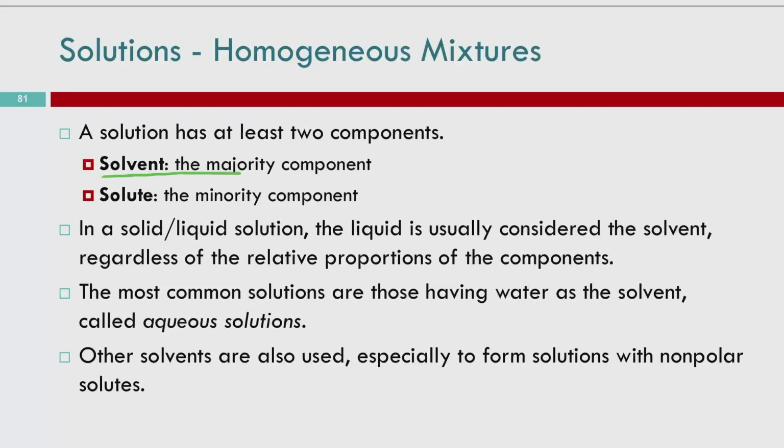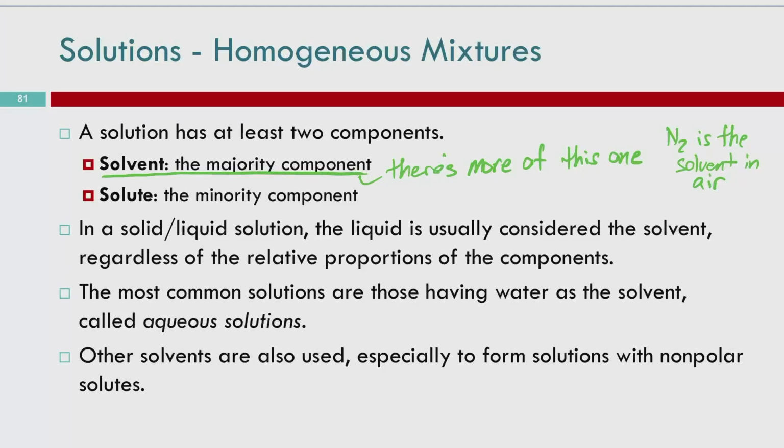Informally, our definition for a solvent is that it's the majority component. So there's more of this one. For air, air is mostly nitrogen, so nitrogen would be considered the solvent. So if we're thinking of air as a solution, nitrogen is our solvent.